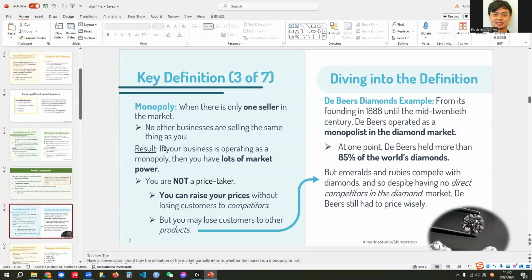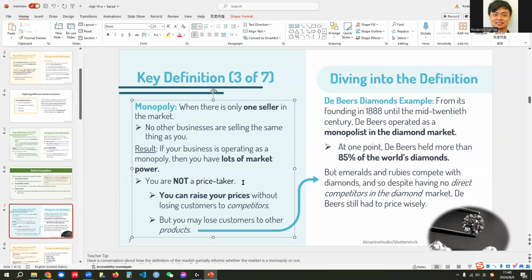Then consumers have to buy your product. And then you have a very strong market power. You're not a price taker anymore. And I'd like to call a monopoly a price setter. You're as strong as like setting the price. But we're going to talk more about this.